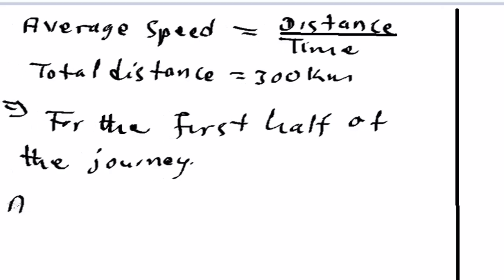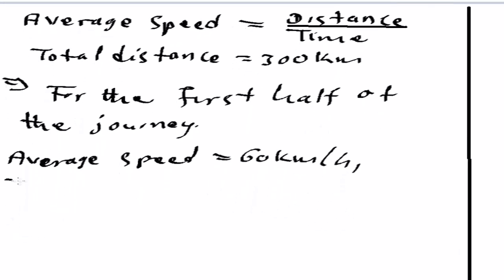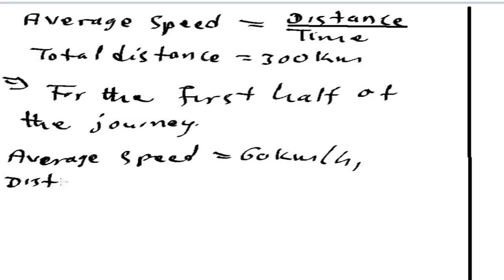So we know that the average speed is equal to 60 kilometers per hour. That is for the first half. Then distance is equal to 150 kilometers.